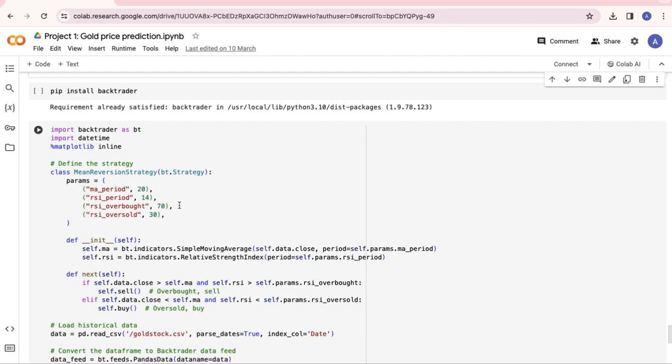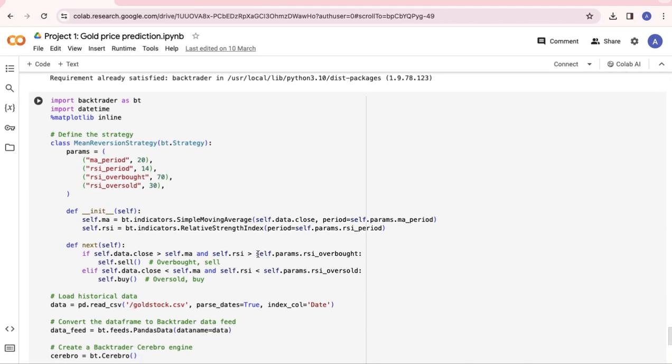The next lines define parameters for our trading strategy. These parameters can be adjusted to customize the behavior of our strategy. Then, the constructor method for the MeanReversionStrategy class is defined. This method is called when an instance of the class is created.